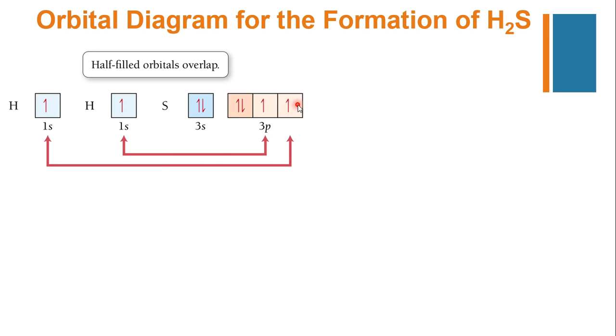According to the valence bond theory, a chemical bond results from the overlap of 2 half-filled orbitals. So if I wanted to make a bond between hydrogen and sulfur, this hydrogen could bond with this half-filled p orbital. So in other words, this sphere can overlap with this lobe, double lobe, and that would be 1 bond. And this hydrogen can overlap with this other p.